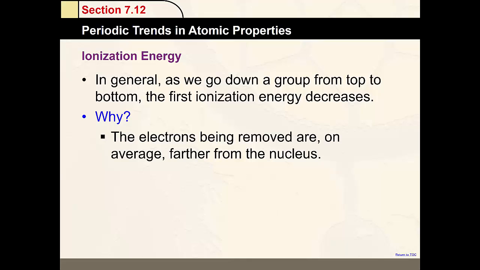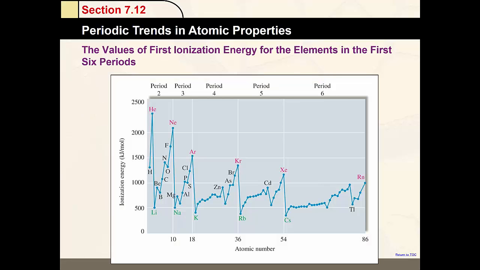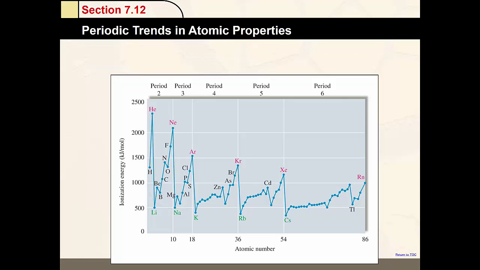So if you look at a graph, just like we did on Friday, as you go down a group, if we're talking about group 1, ionization energy in general goes down. Same for group 18, the noble gases. Those go down.